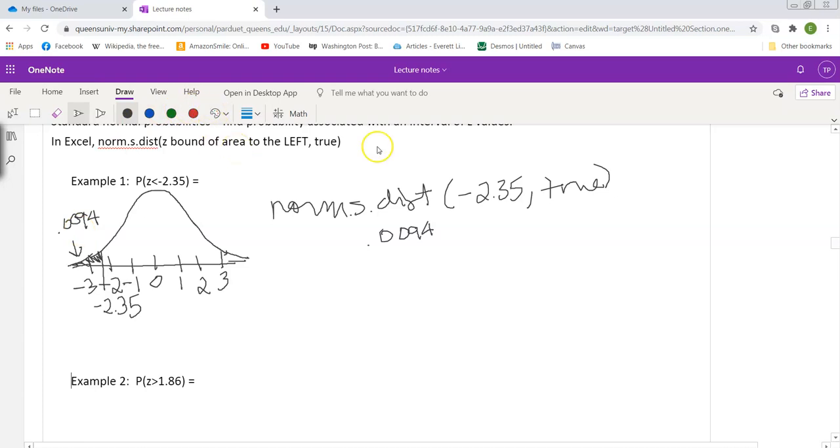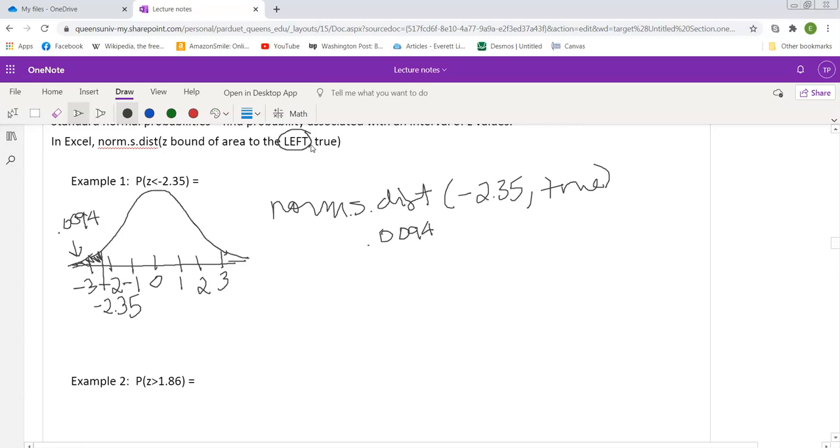So let me tell you, this is the way this function is written. You have to tell it the bound where the area is to the left of it. Why to the left? As my parents used to say, that's just how God made it.